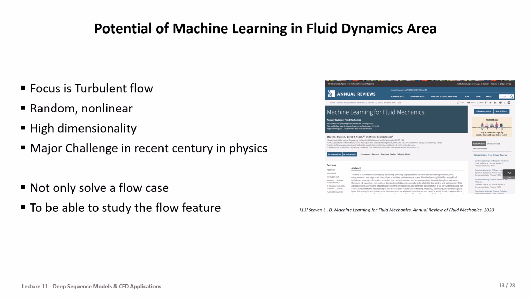Because usually when we are using a numerical approach, we are trying to solve flow cases. However, additionally to solving the problem, maybe deep learning could help us to understand this phenomenon and study the flow features in addition to only solving, especially when we are dealing with unsteady flow, which during the time has a transient position, and we need to understand what's happening during that.